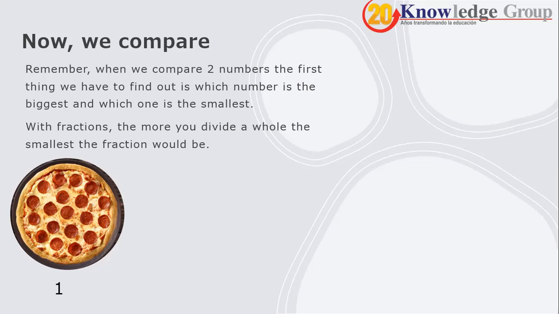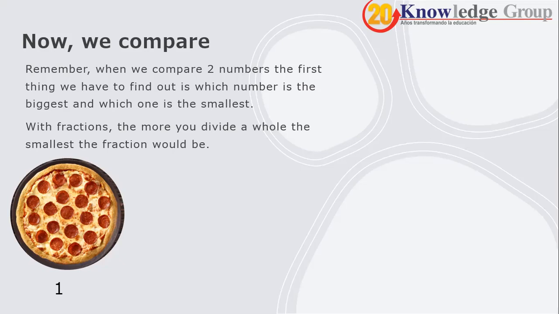And you know that, for example, a large pizza is divided into 12 pieces or slices, and then the medium or regular pizza is divided into 8. And then the small one, like the personal one, is divided into 4 pieces.